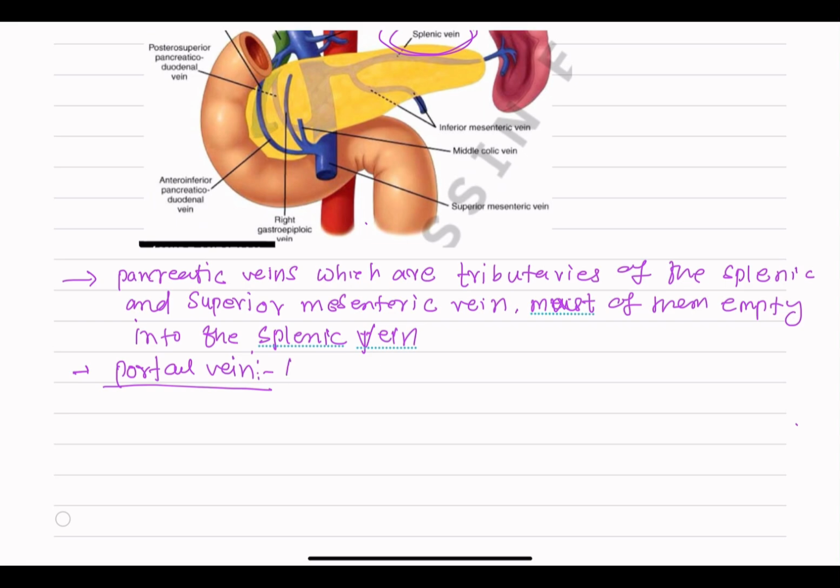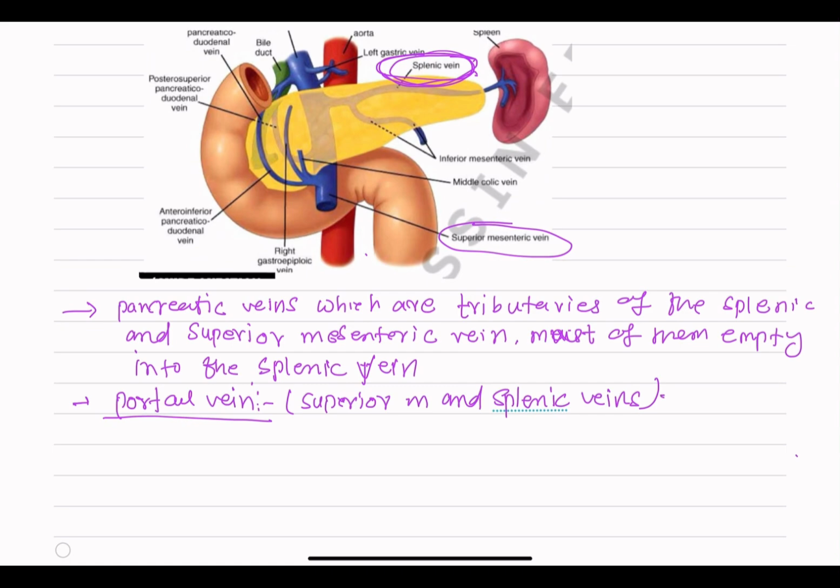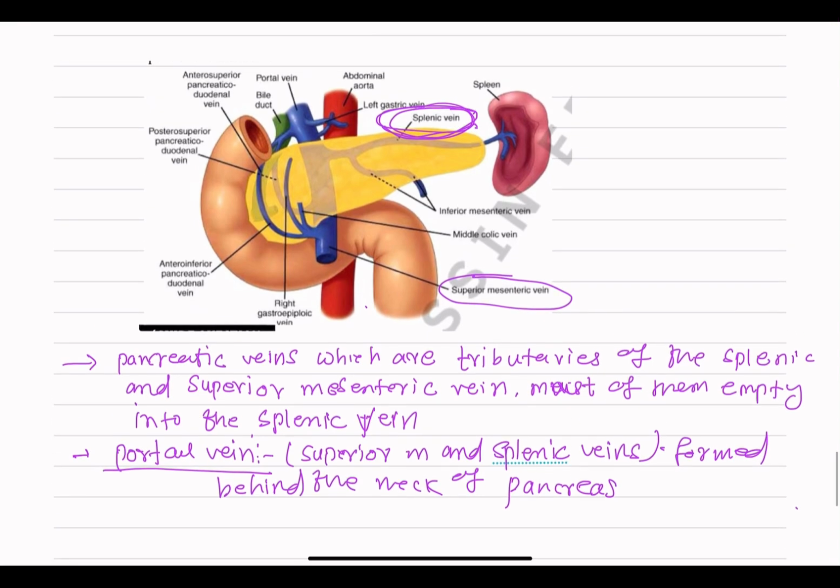The portal vein is formed by the superior mesenteric and splenic veins. The splenic vein is formed behind the neck of the pancreas.